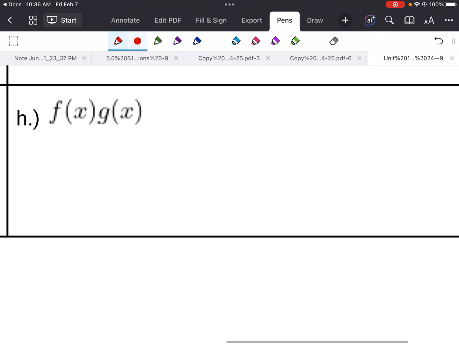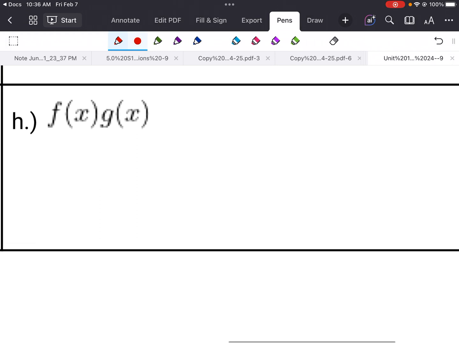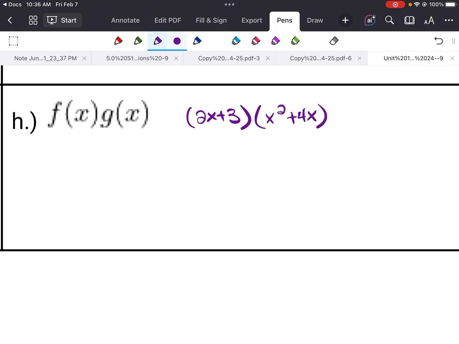And one more. This one's different because the g of x is not in the brackets with the f. It is f of x, and then it is g of x. Okay, so what it wants us to do is the f of x, which is 2x plus 3, multiplied by the g of x, which is x squared plus 4x, and we're going to expand this. Because remember, brackets right beside each other, or something right beside each other, means multiply. So we're going to expand this.